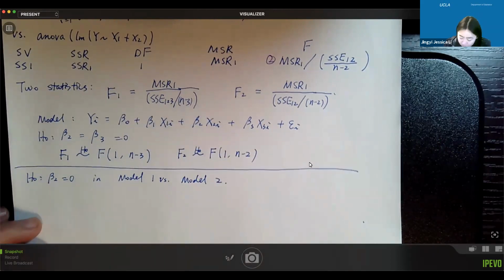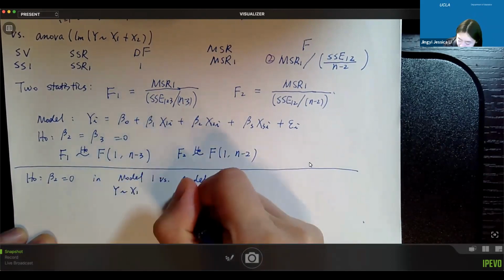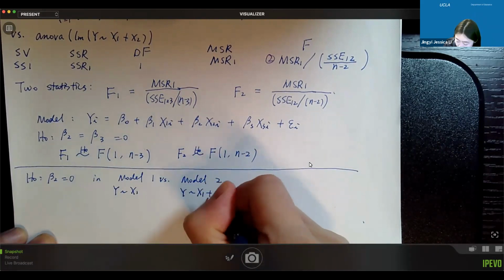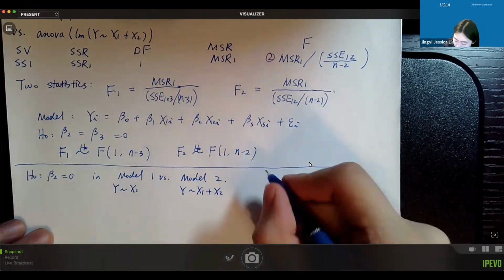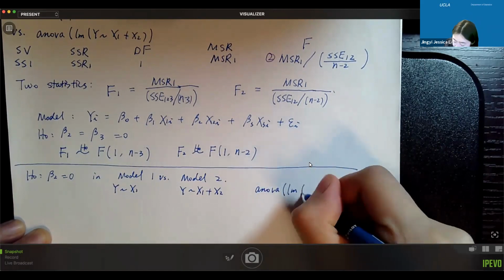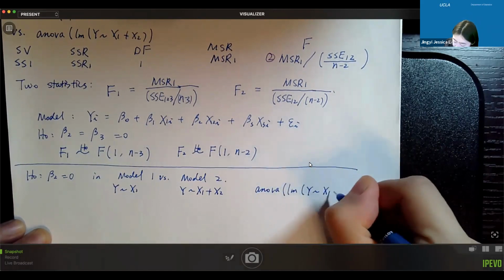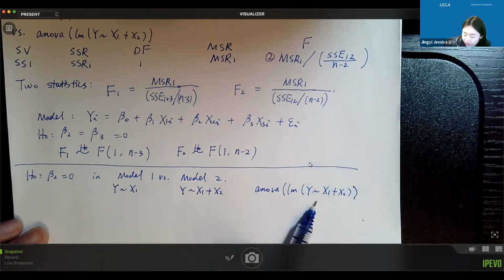In other words, you want to see whether you only need x1 or you need both x1 and x2. This is what I want to say. Then the common practice is still to do the ANOVA of lm y tilde x1 plus x2. In other words, you try to compare model 1 versus model 2.